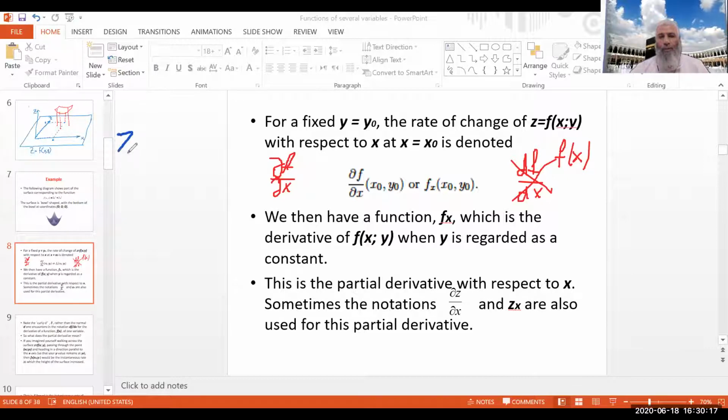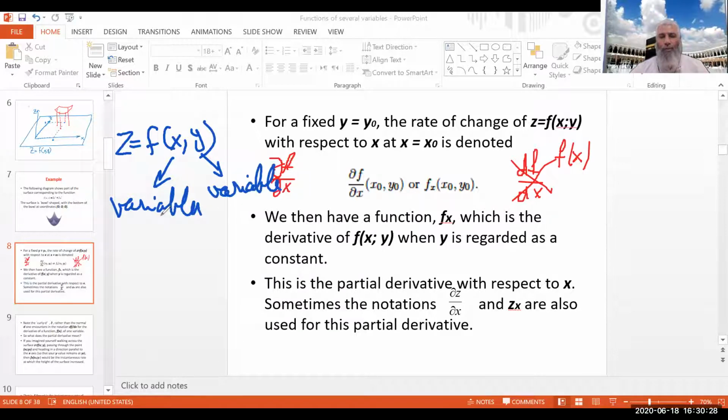We said that z is a function of x and y. These are variables. Variable means it is changing. It is not a constant number.